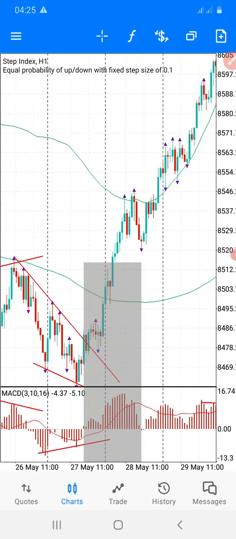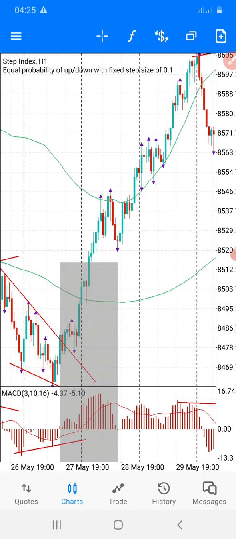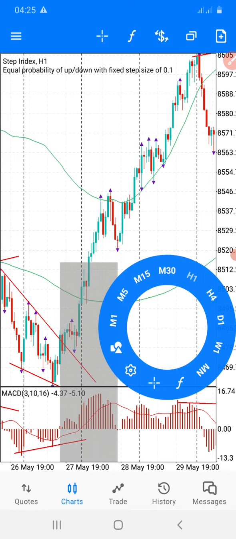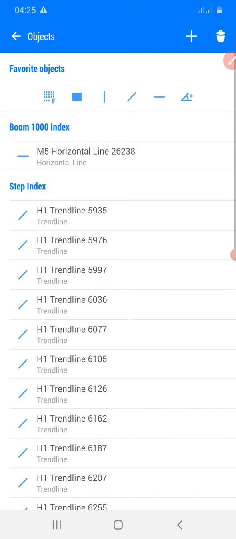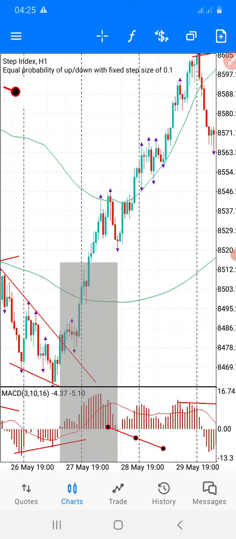Good. So you can see now that from this particular point there is a break of a trend line, and after the break of that trend line, we see our histogram begins to form above the zero level of the MACD upward, and then we have a reversal.